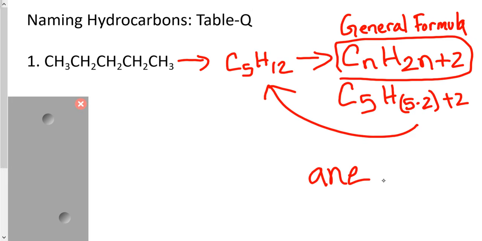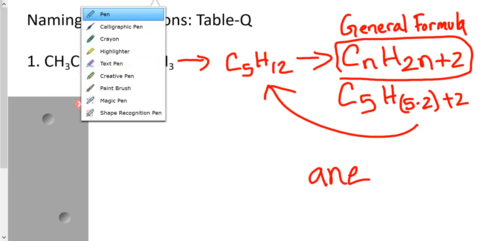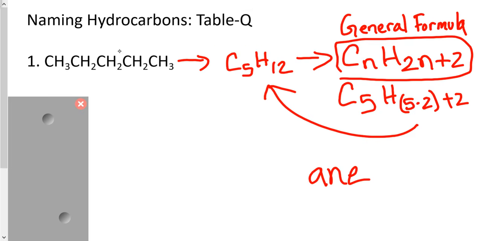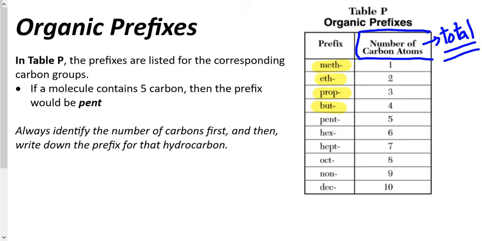And then I have to look at the number of carbons. Here I have 5 carbons. Therefore, I need a prefix for this organic compound. I'll go back to my reference table P for prefixes, and I would realize that for 5 carbons, the prefix should be pent.